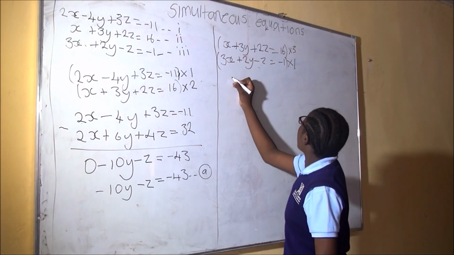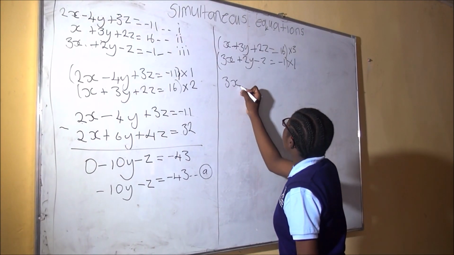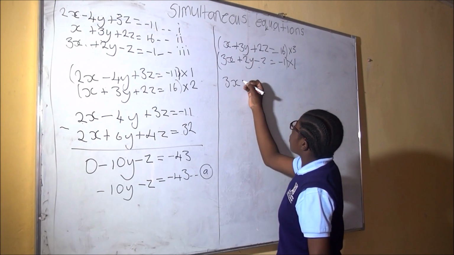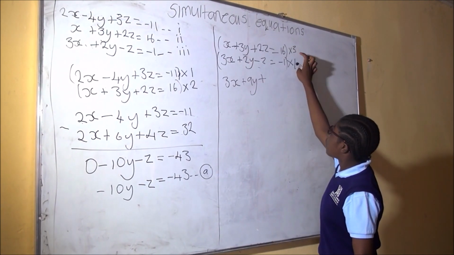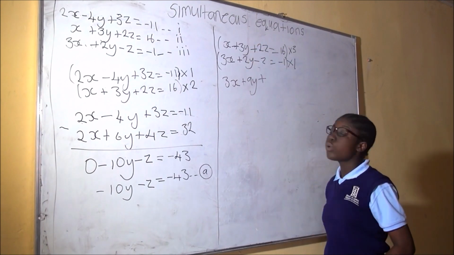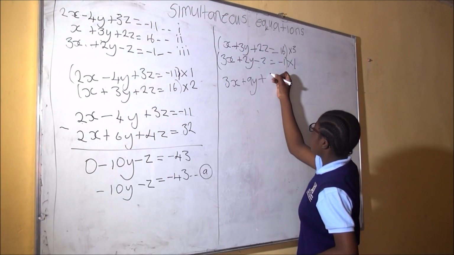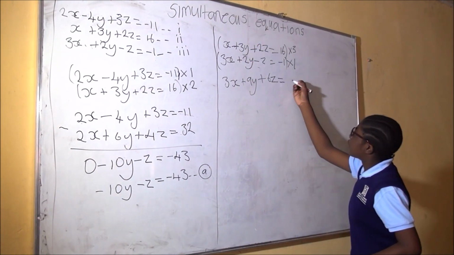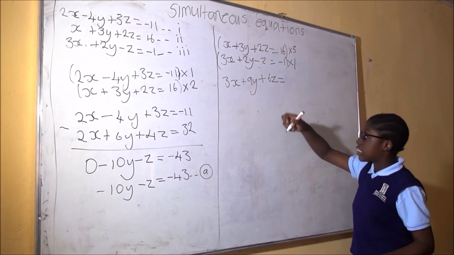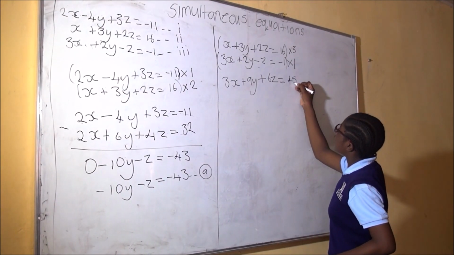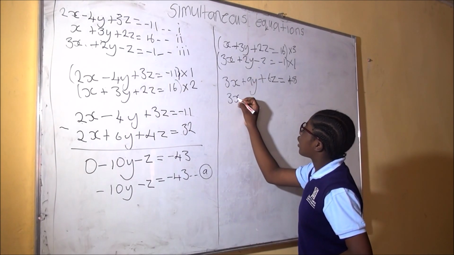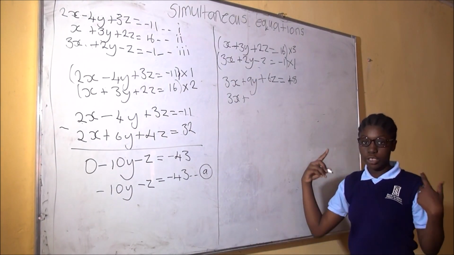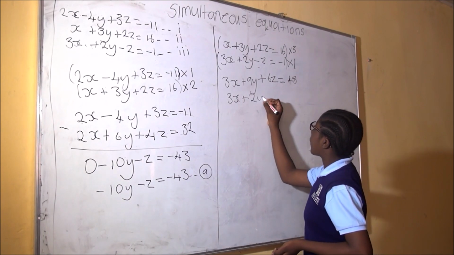So when we multiply, we're going to have 3x, 3 multiplied by 3, that's positive 9y. And we're going to have 3 multiplied by 2, we're going to have 6z, which is equal to 3 multiplied by 16, we're going to have 48. 1 multiplied by 3x, plus 1 multiplied by 2y, we're going to have 2y.